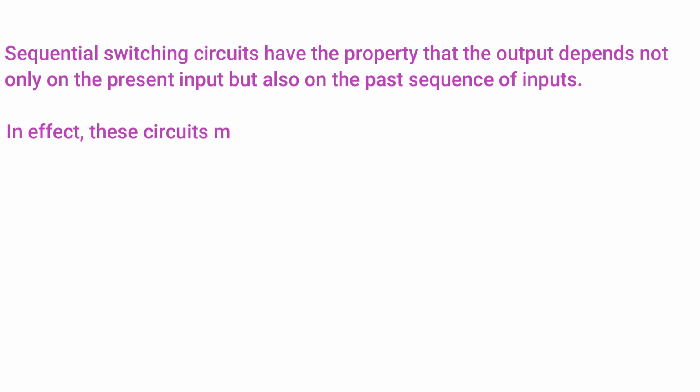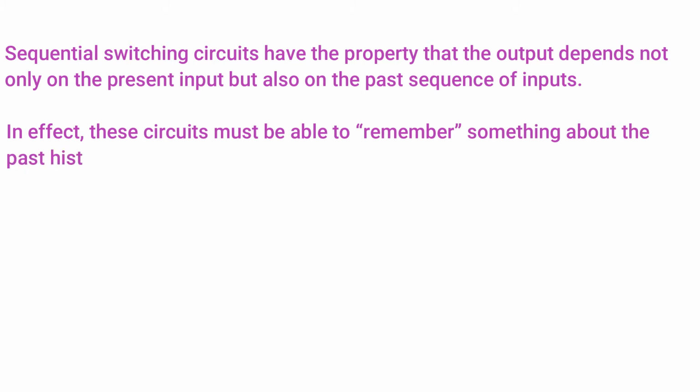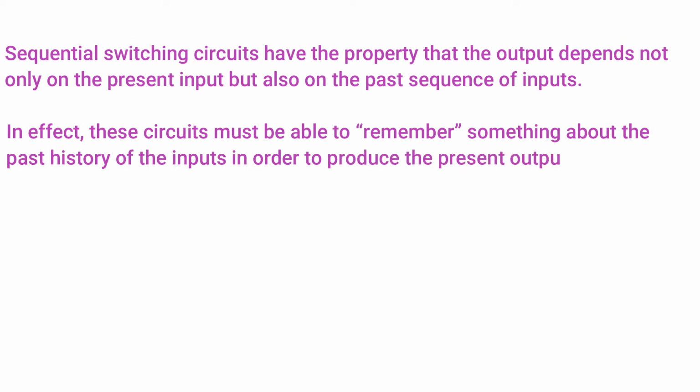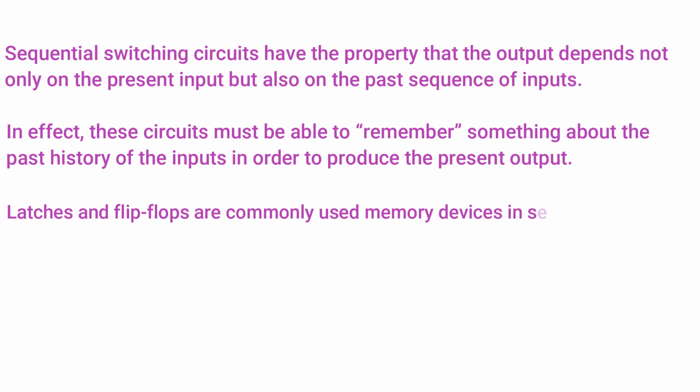In effect, these circuits must be able to remember something about the past history of the input in order to produce the present output. So for that, we have the memory element present in the sequential circuit, which is able to remember the past history of the input in order to produce the present output.